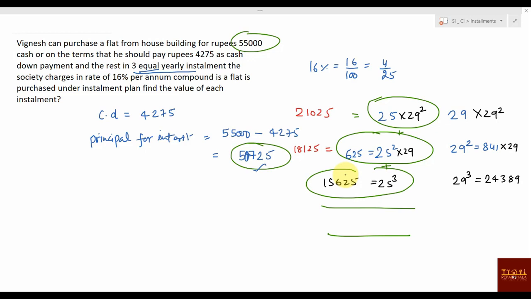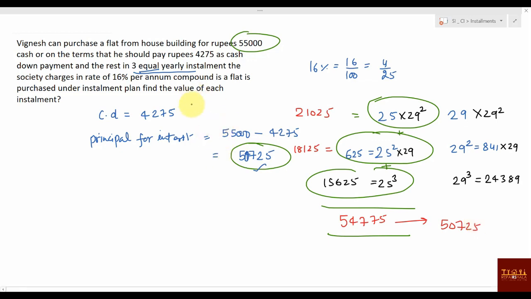How much are you getting? 54775. So this one is coming as 54775 and this corresponds to 50725.